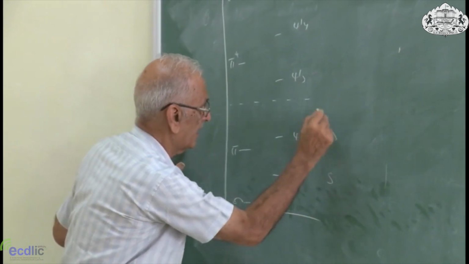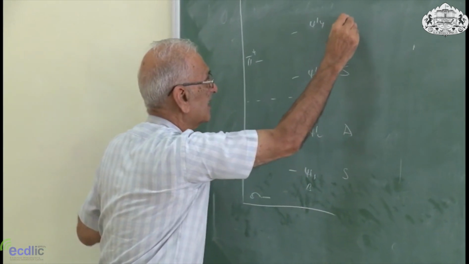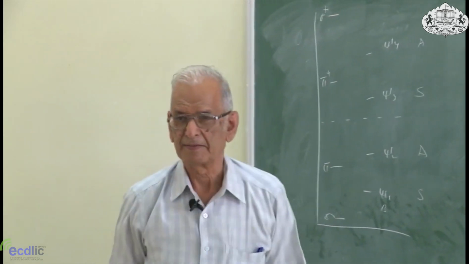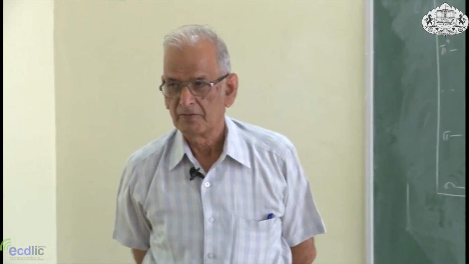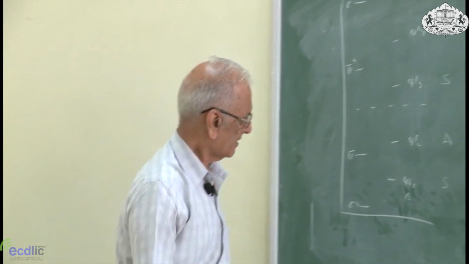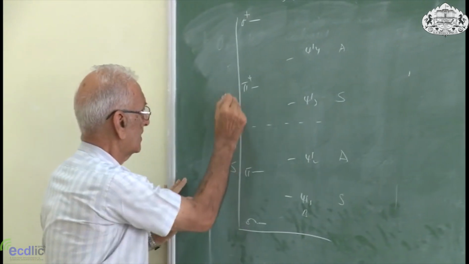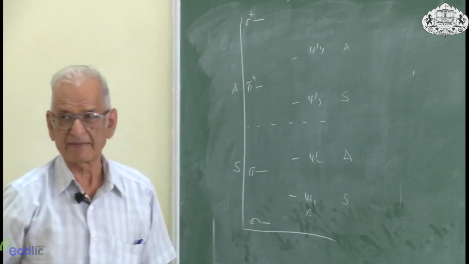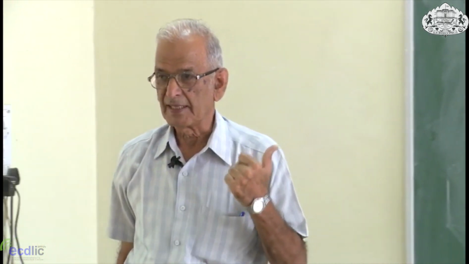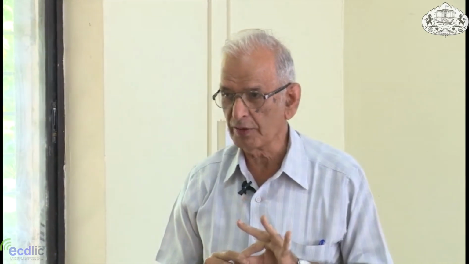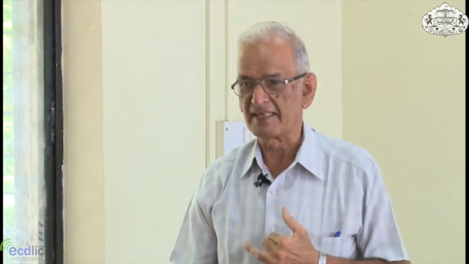S, A, S, A. For double bonded systems, this will also be S, this will also be A. But the crucial thing is, sigma is symmetric for both, sigma star is anti-symmetric for both.